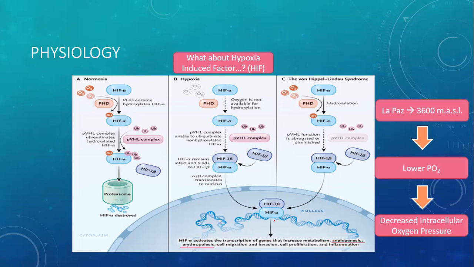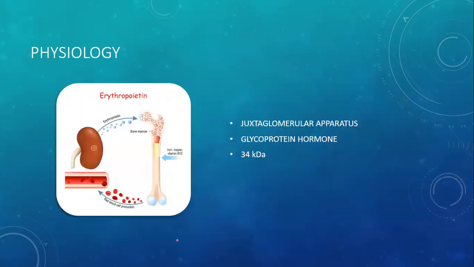So this HIF alpha, when it is activated, induces the formation of new vessels and the production of this hormone, erythropoietin. This drawing looks a little complicated, however, I think it was easy to understand. Does anybody have a doubt about this? Okay, let's go on then.